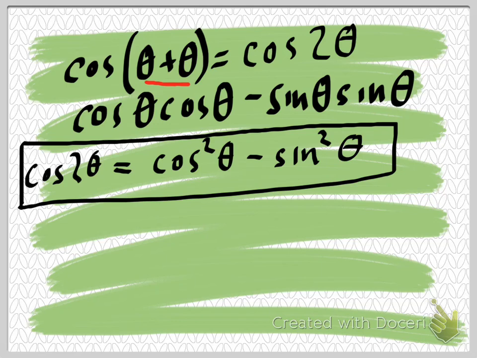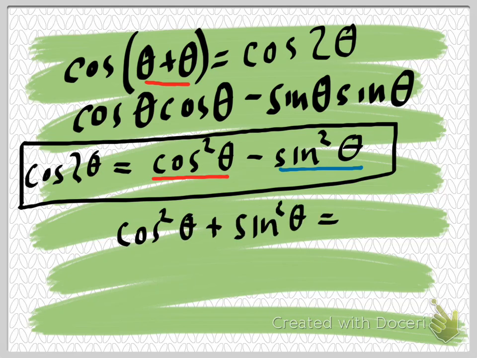Now, there's something kind of interesting, and this is why I picked this one first. Cosine squared has its own substitution possibility, and the same with sine squared, based on our basic Pythagorean identity: cosine squared plus sine squared equals 1. This fundamental identity offers us two possibilities. Let me write them down.